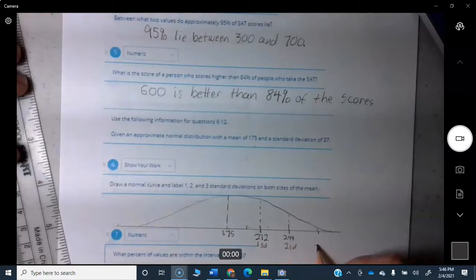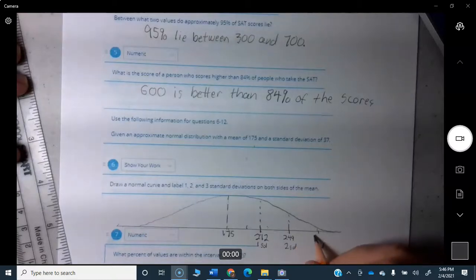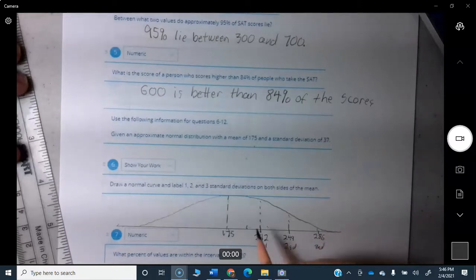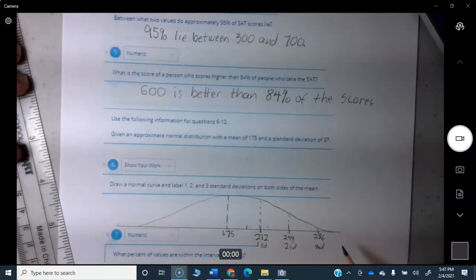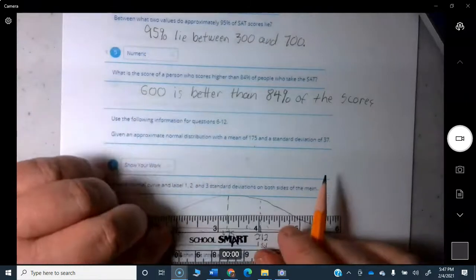And to get to 3 standard deviations, you do another 37, and that's 286. Let me just check my math. 37, 12, 22, 32, 42, 49, 59, 69, 79, 86. Okay, yeah.